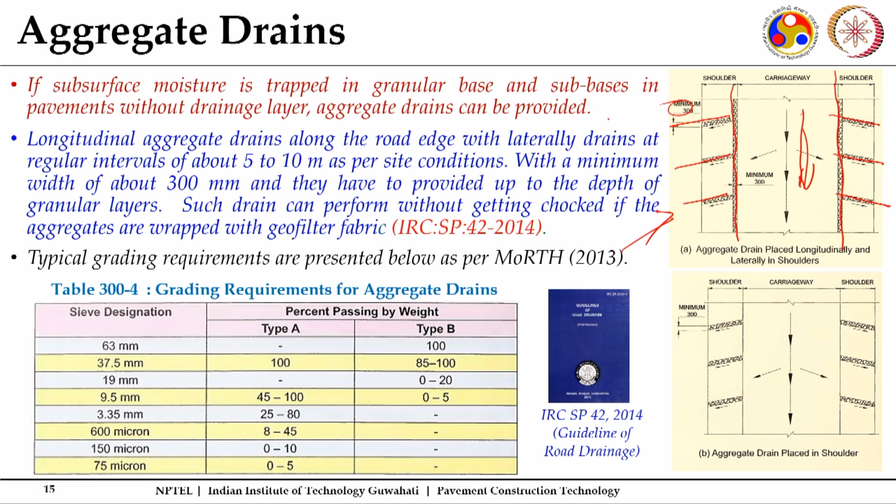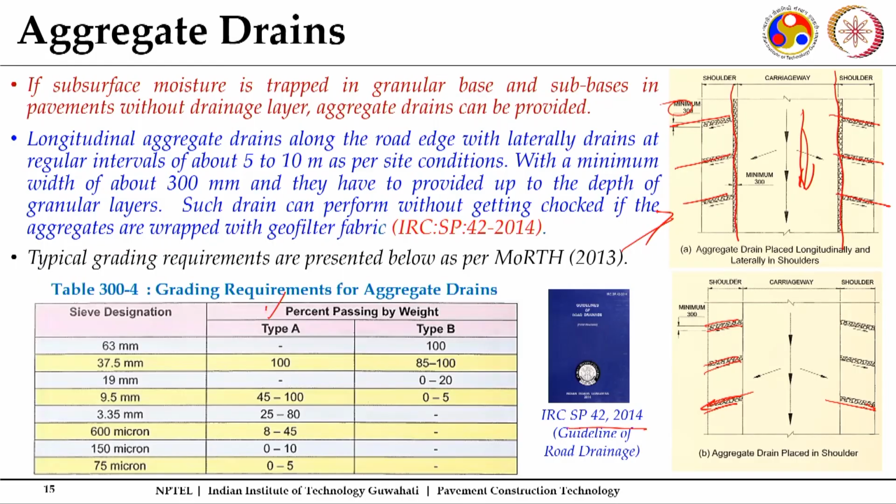IRC SP 42 has defined what type of gradations you can use. This is another one where only the cross drains in the shoulders are shown. These are aggregate drains, and this goes in this particular manner. So, these are features once you have already constructed a pavement structure and the subsurface drainage is not good enough.